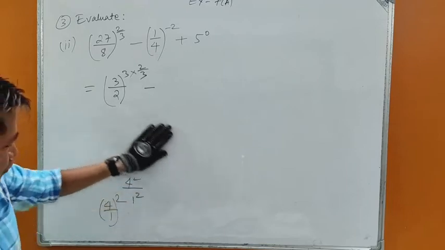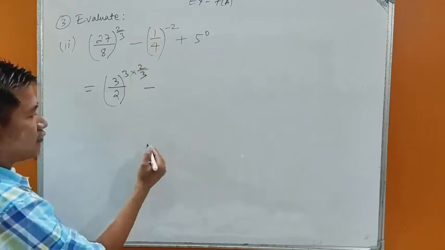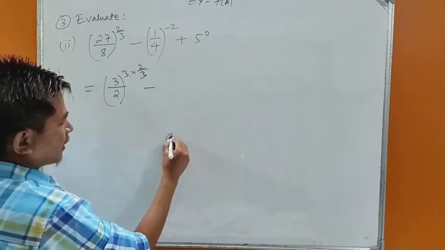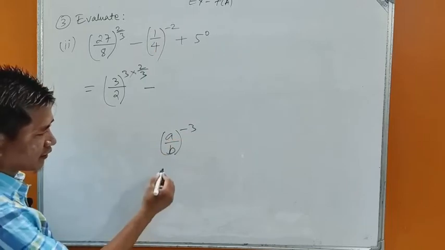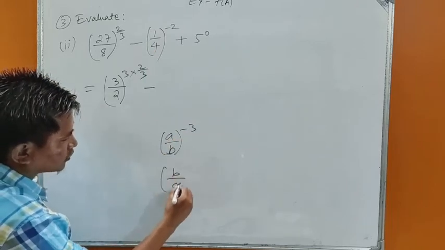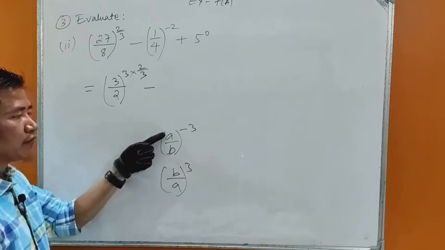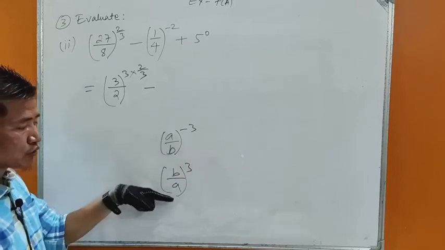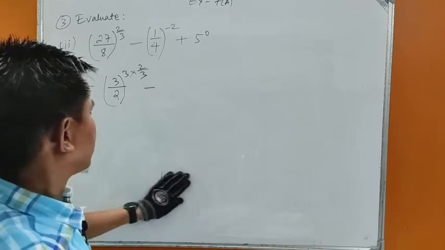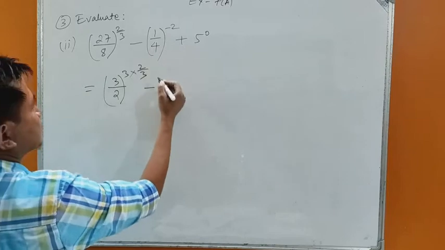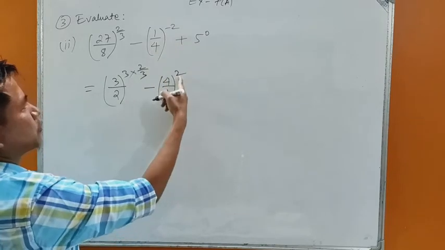The same thing I am going to do here. So 1 upon 4, always you can apply this: A upon B whole to the power minus 3 can be written as B upon A whole cube. The number from the denominator comes to the numerator and the number from the numerator goes to the denominator, and the sign of the power changes. This can always be applied. So this means 4 upon 1 whole square, minus 2 becomes plus 2.